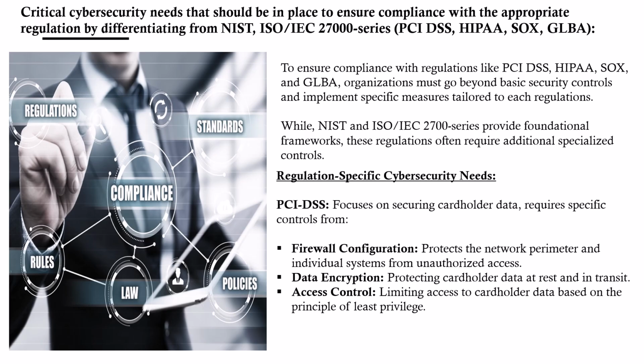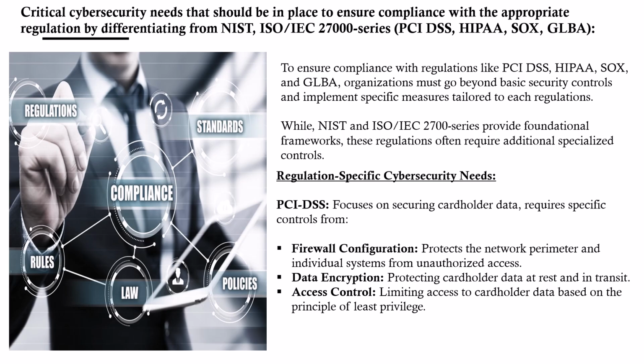So, our critical cybersecurity needs that should be in place to ensure compliance with the appropriate regulations, differentiating from NIST, the ISO, and here are the regulations that we spoke of before, and to ensure compliance with regulations like the PCI DSS, HIPAA, SOX, and the GLBA.